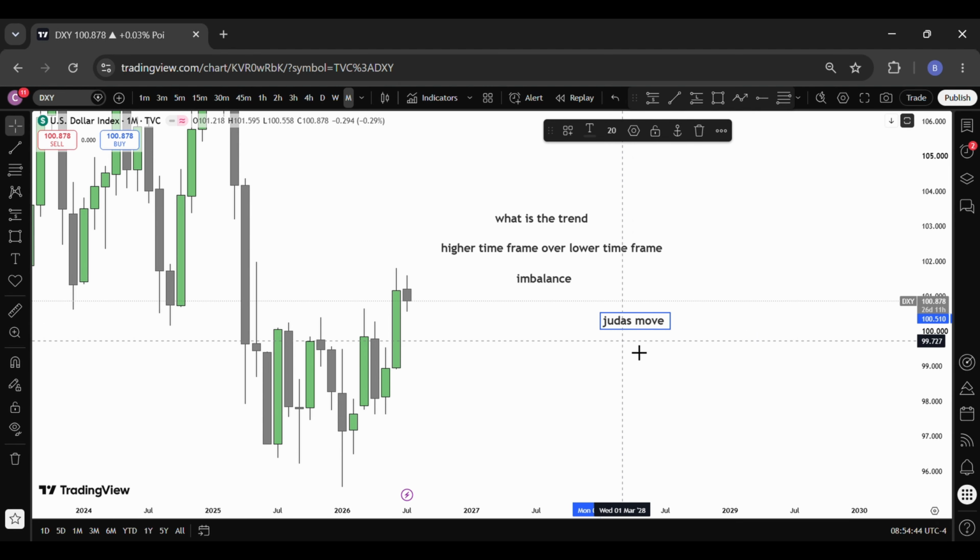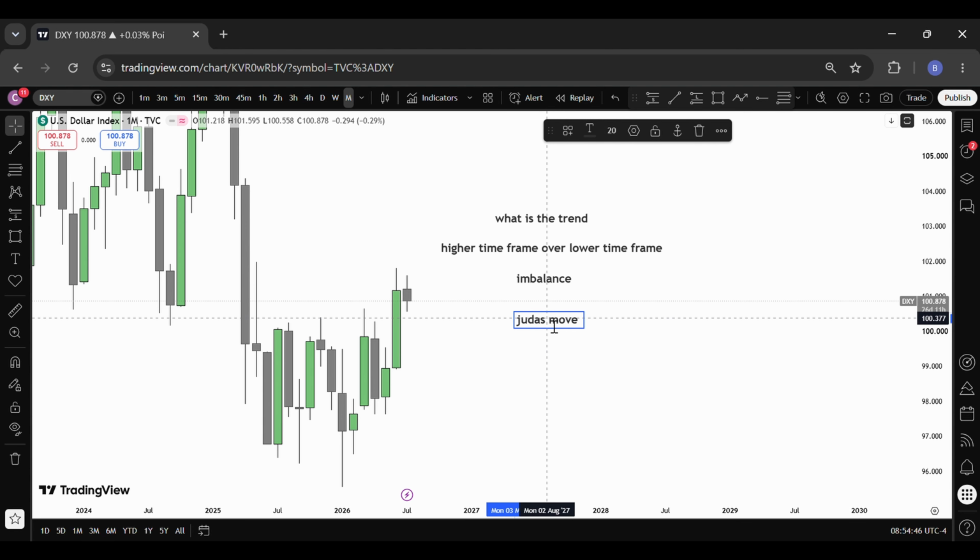The Judas move is the first move. So if price is bullish now and a new candle is opening, the Judas move is the low wick. That is the bearish first move before price continues going higher.